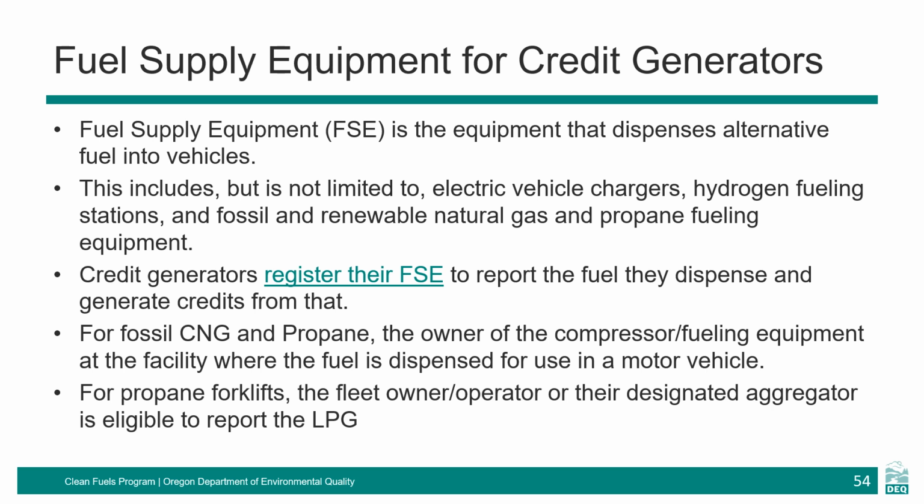For fossil CNG, which is compressed natural gas, and propane, the owner of the compressor or fueling equipment is responsible for reporting. For propane forklifts, it's the fleet owner or their designated aggregator. For other fuel types, it's the appropriate entity, but those generally aren't covered by verification, so I won't go into them here.